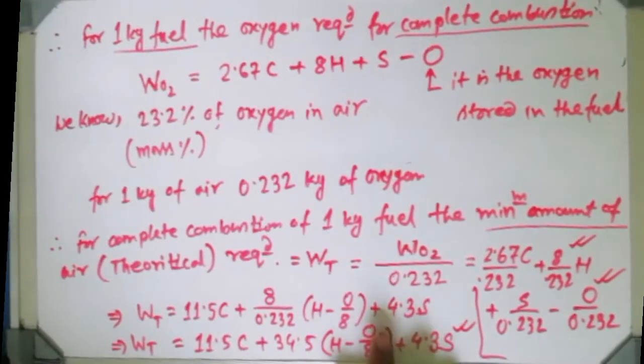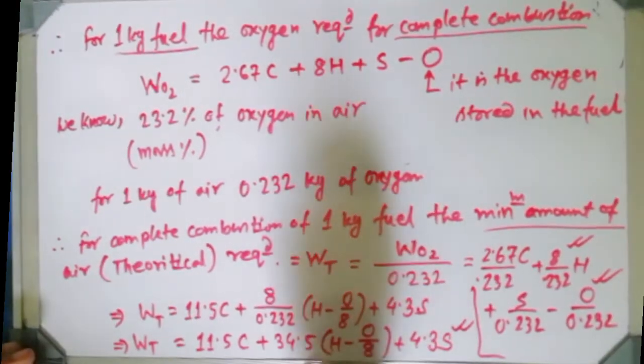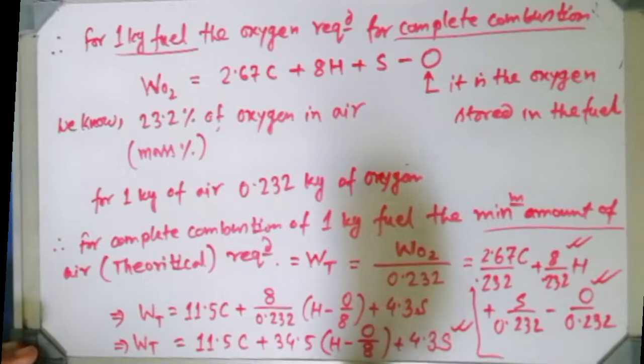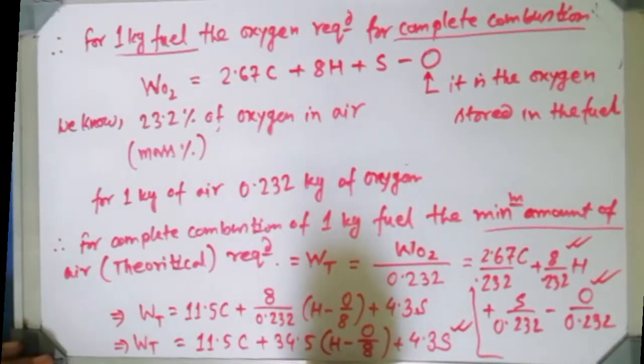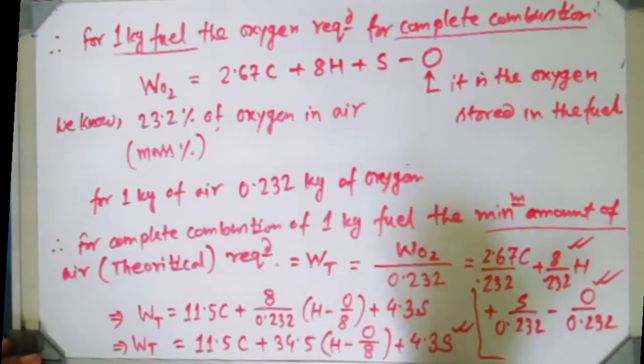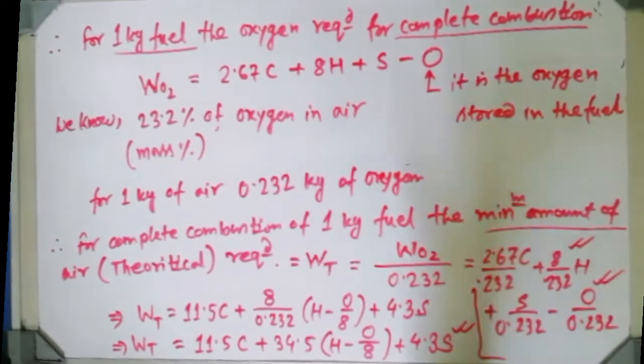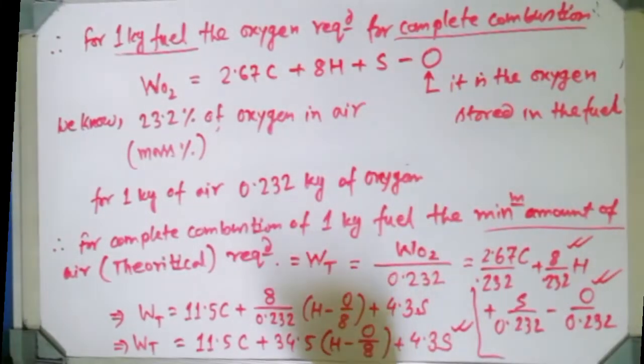Suppose in the problem it is given in percentage, like carbon 60%, hydrogen 3%, sulfur 5%. You have to substitute here in place of C, O or H in terms of 1 kg.